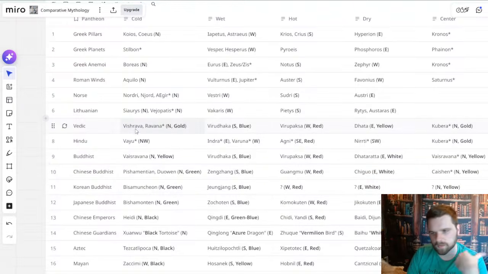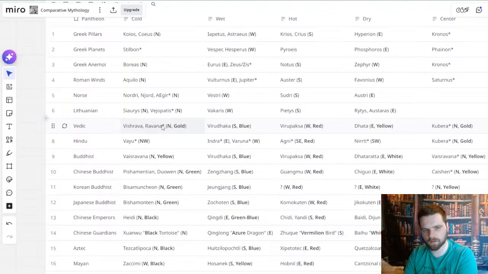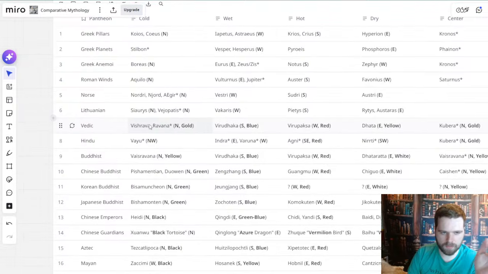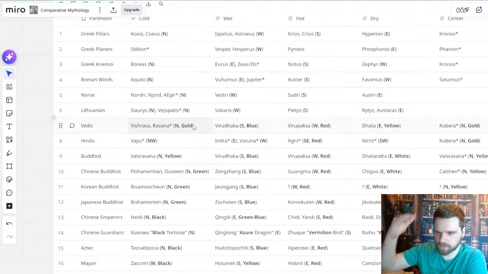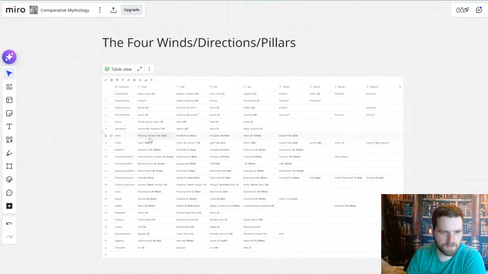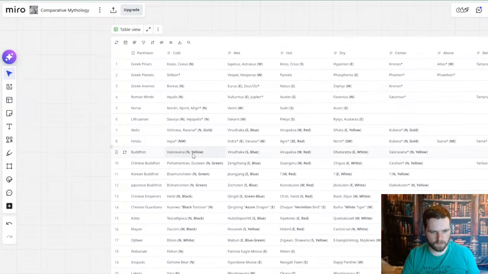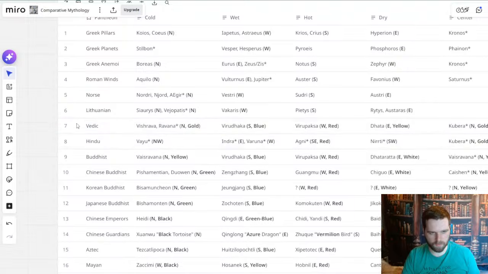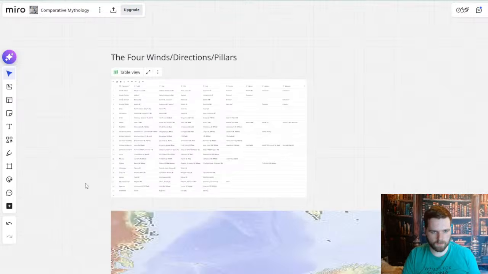Whereas Vishrava, who's the parent of Kubera and Ravana, because Kubera and Ravana are brothers, sometimes in Vedic is considered to be the north, but he's still kind of considered gold, because there's this lineage of wealth that passes from Vishrava to Kubera to Ravana, because Ravana I think steals it from his brother Kubera in the myth, but that's going way too deep into that subtext. Nonetheless, when we're talking about what the different winds represent in India, you'll see how they can change depending on climate. Climates that can be very different. So Vishrava.